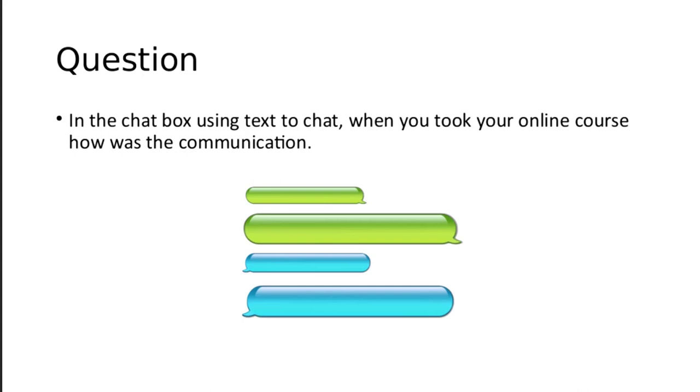So I've had classes where they've had good interaction and poor interaction. I had one professor that no matter how often you emailed him, you never got a response. So you had to understand the syllabus in order to do the class.